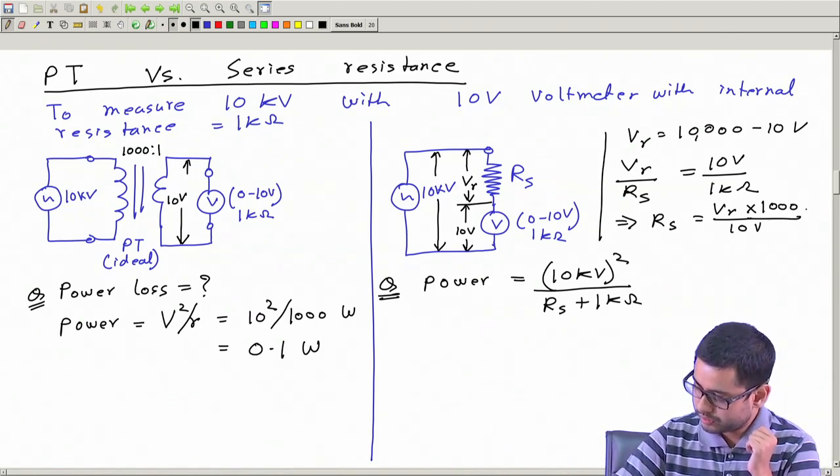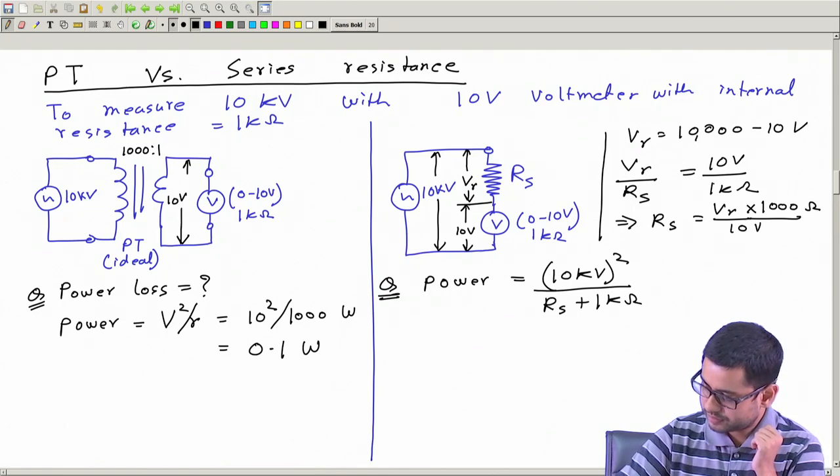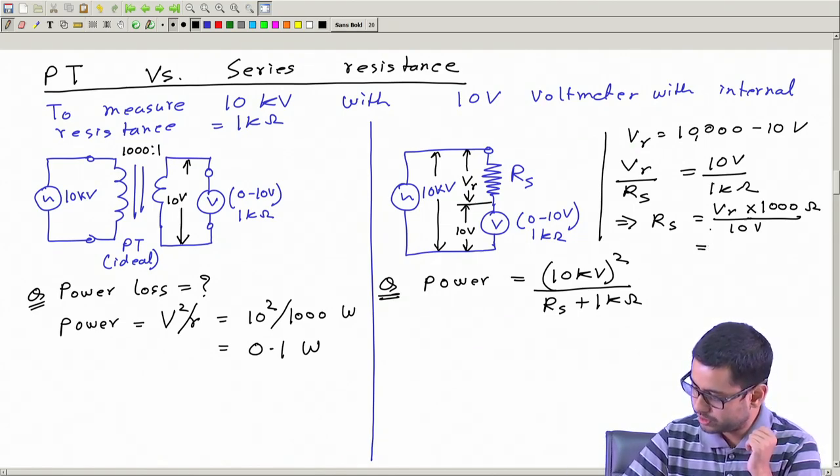Now VR is 10,000 minus 10, so the value will be multiplied by 100 ohm.